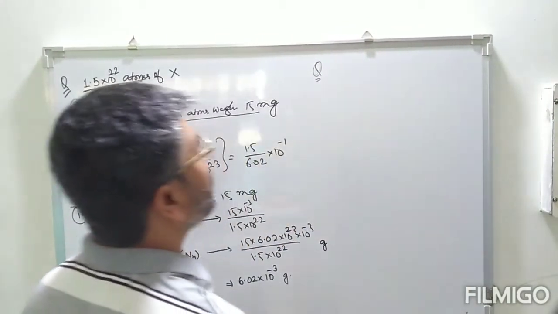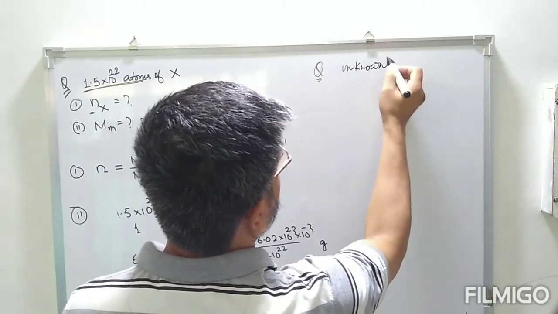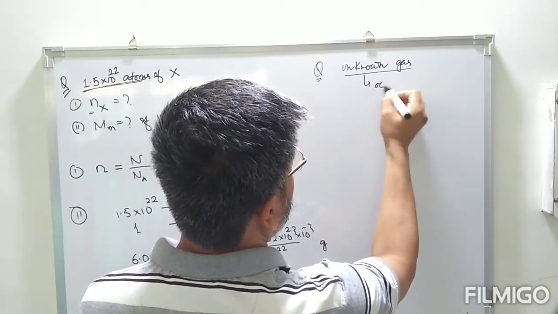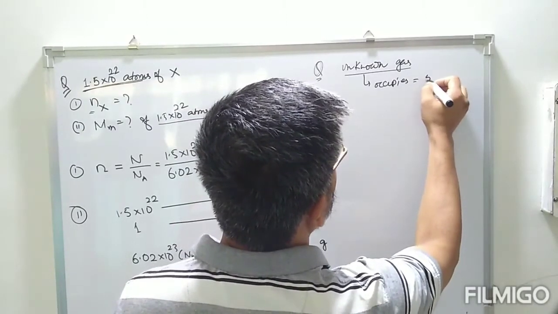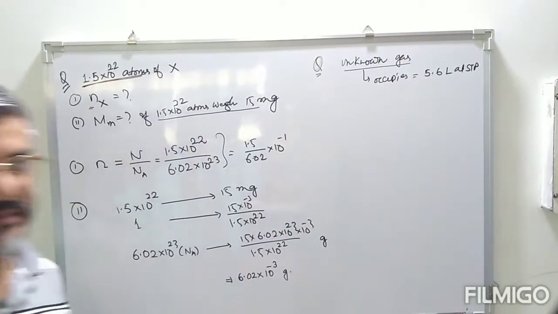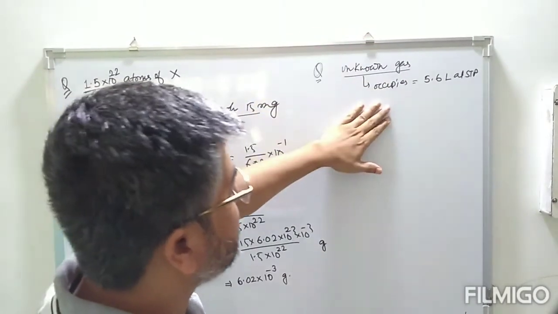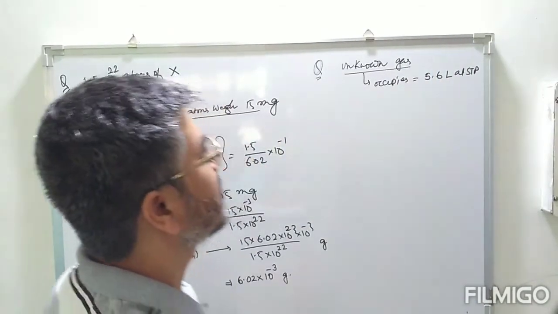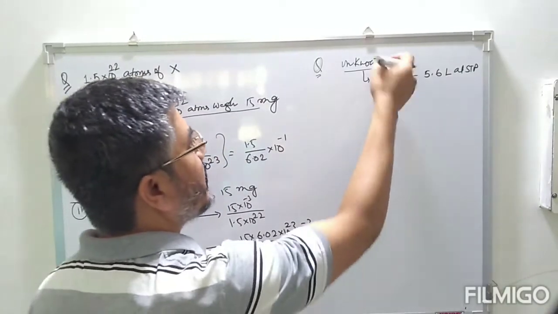Suppose an unknown gas occupies a volume of 5.6 liters at STP.